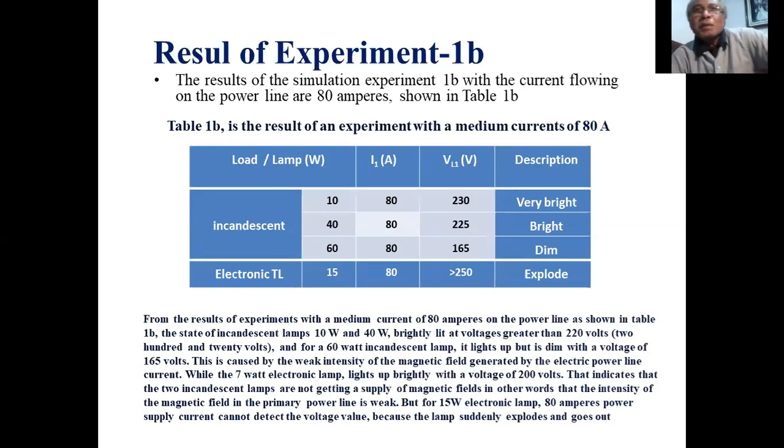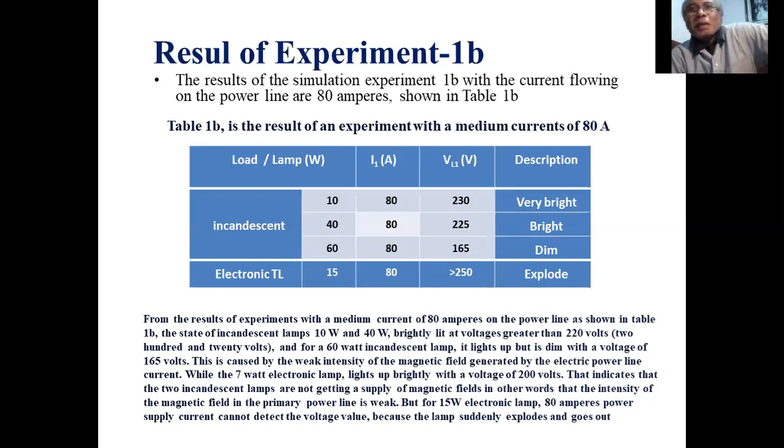For the 10 watt incandescent lamp, it is brightly lit at a voltage greater than 220 volts.